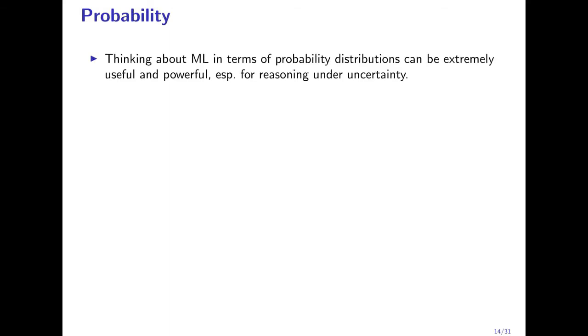But I think it's very important to think in terms of probability distributions. It can be very useful to gain understanding of what it is that you're actually doing. It can also be very powerful to exploit the fact that you're manipulating probabilities, and especially in things like Bayesian networks, you can combine all these probability distributions in a very nice way to do things like inference or reasoning under uncertainty.